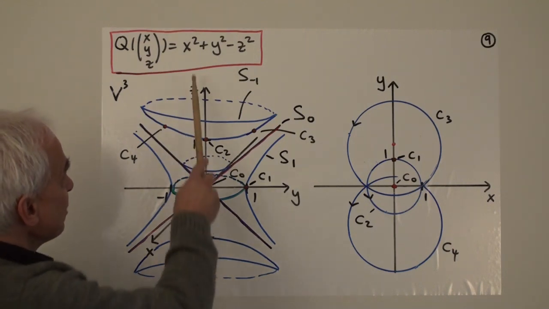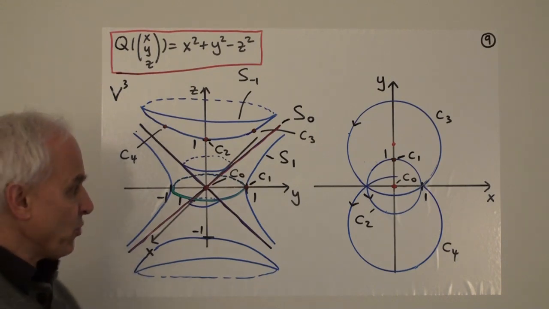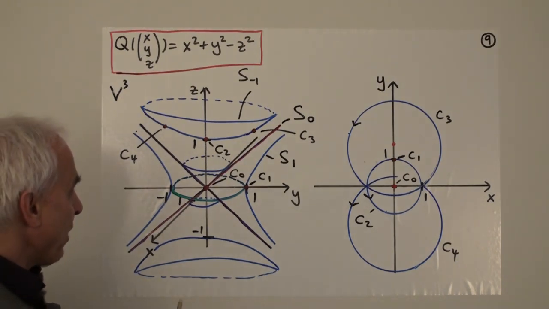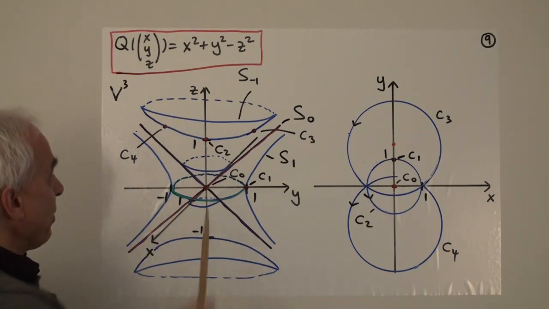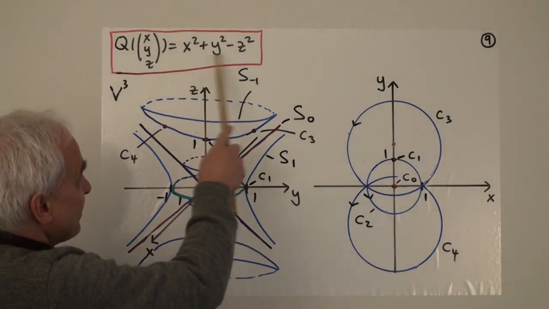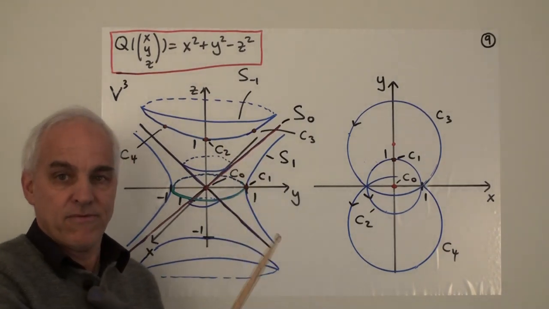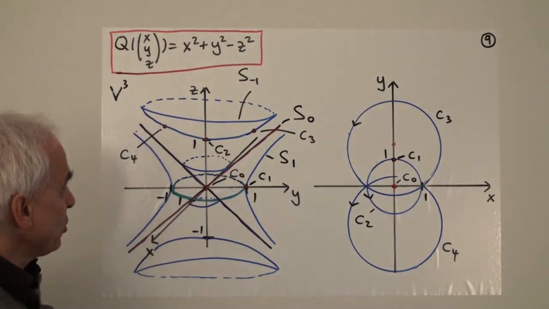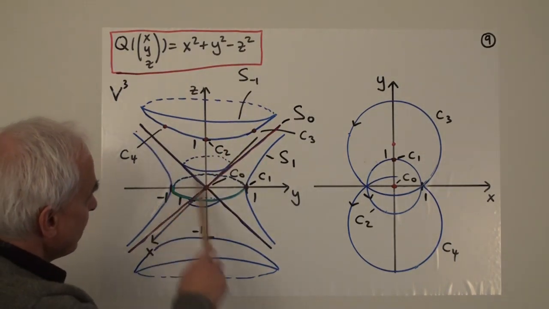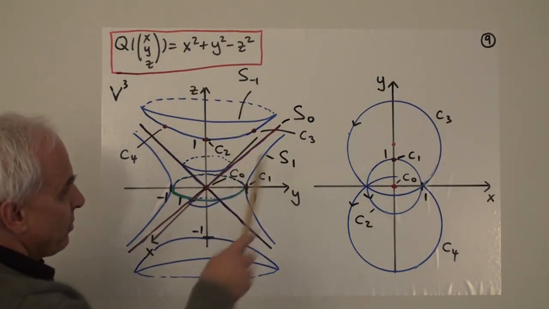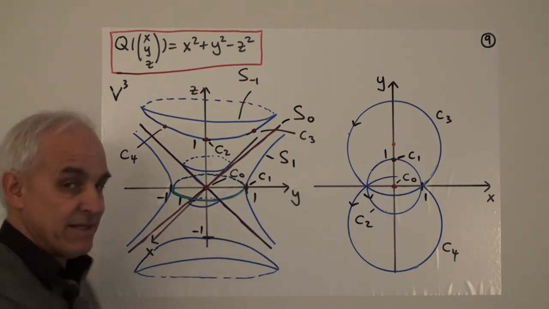I remind you that here's the basic quadratic form, x squared plus y squared minus z squared. And we're thinking about spheres in this 3-dimensional space, where you set this thing equal to 0 or equal to 1 or equal to minus 1 or equal to 5 or whatever. If you set this equal to 0, you get this sphere called S0, which is just the cone whose apex is the origin.